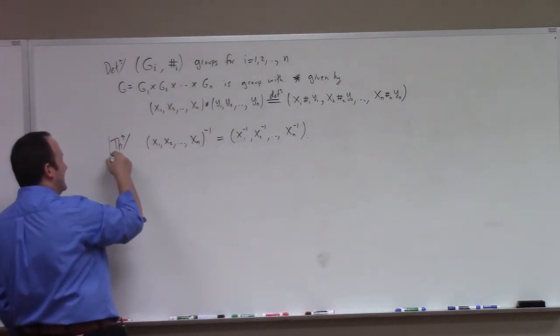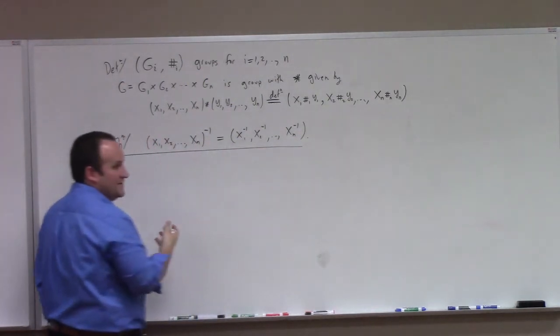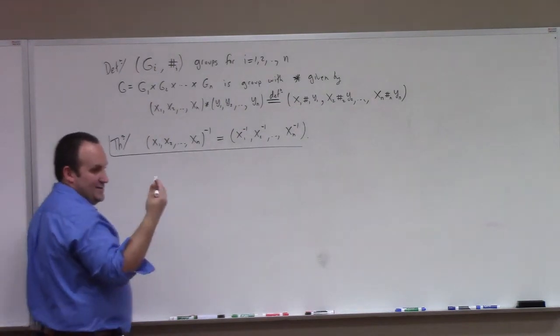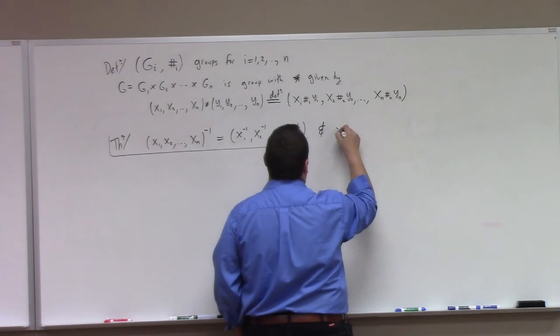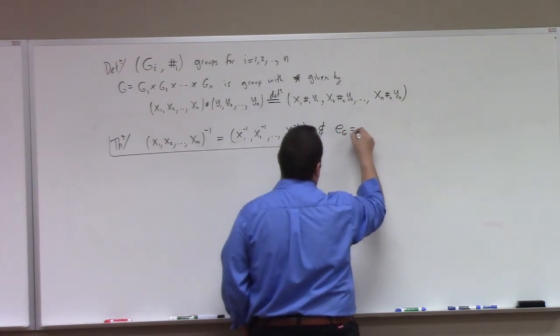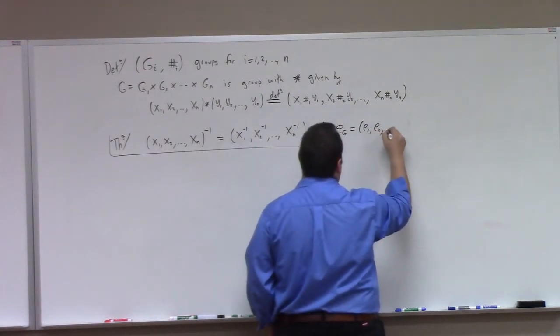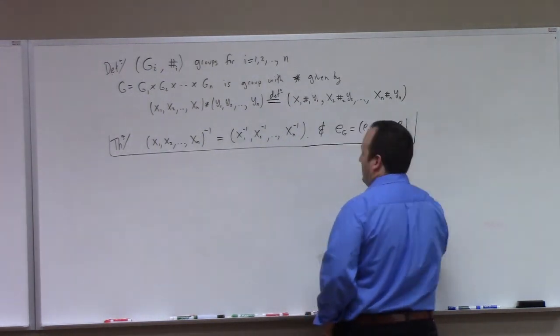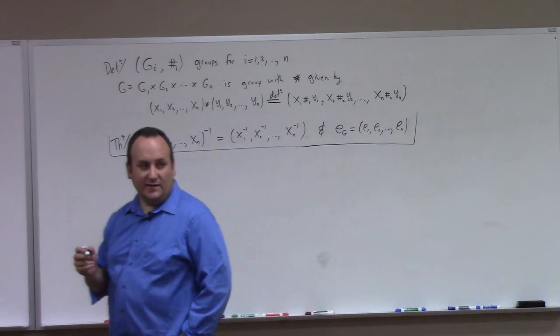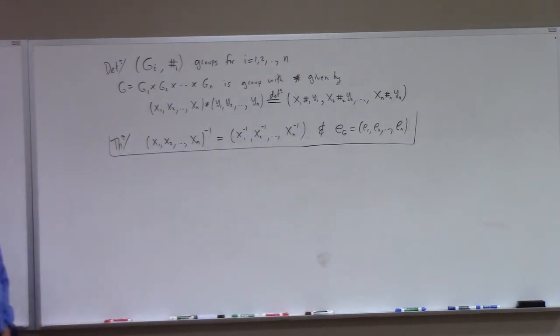That's wise. And the other thing we also needed is the identity in G, which is (E1, E2, ..., En). We might as well prove that while we're at this, because we need to know the identity before we can prove something about the inverse carefully.